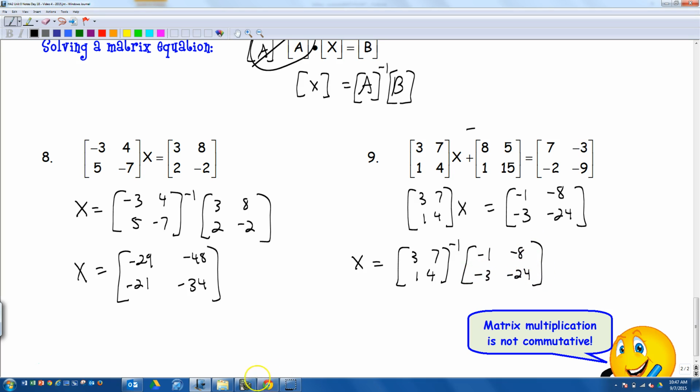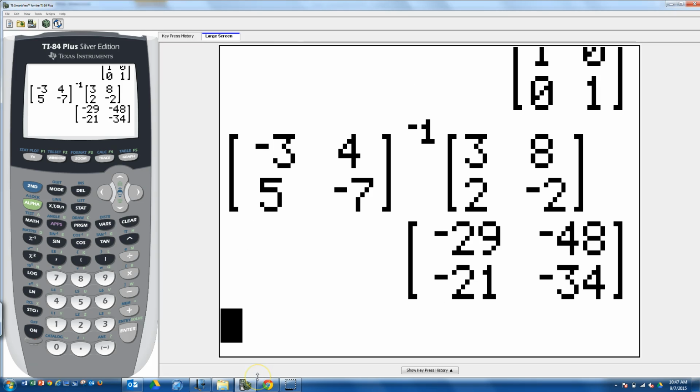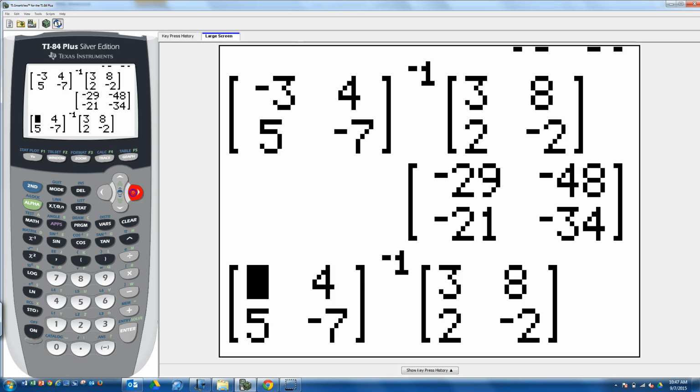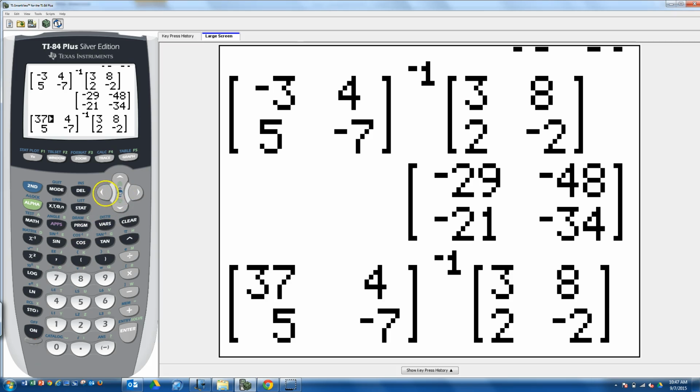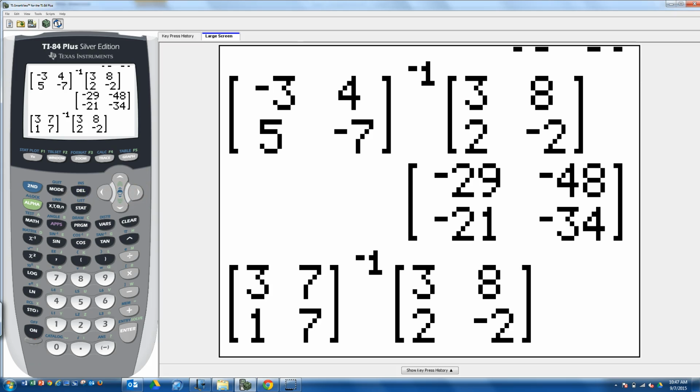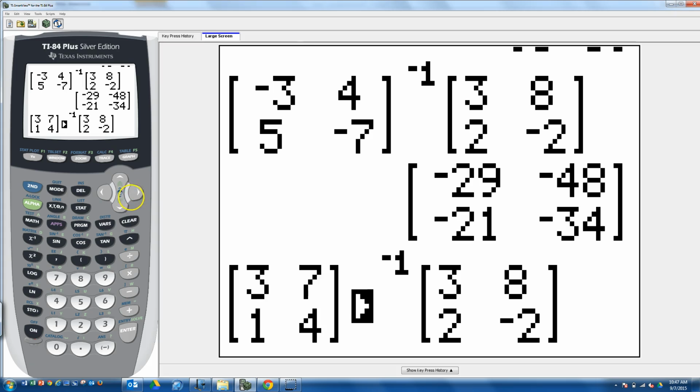Okay. And again, for quick purposes, I'm going to just hit second enter to bring this one back up, and then just change the numbers real quick. So the first number is just 3. The next number is 7. And 3, 7, 1, and 4.